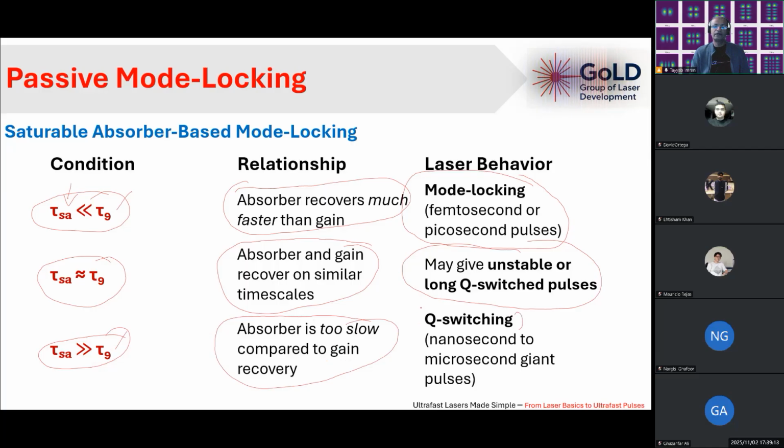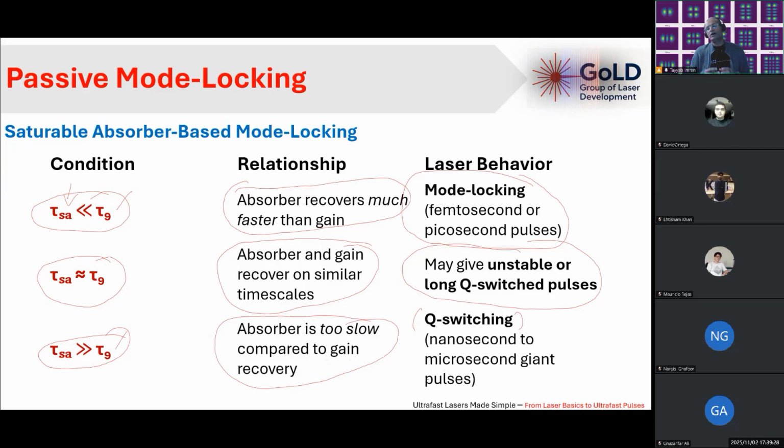It must be a Q-switch type arrangement, and we get nanosecond to microsecond pulses, which is typical of a Q-switched laser.